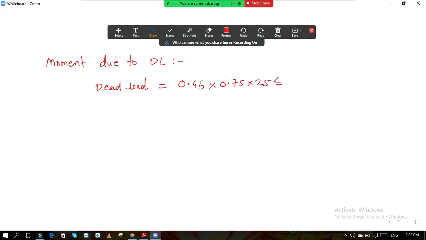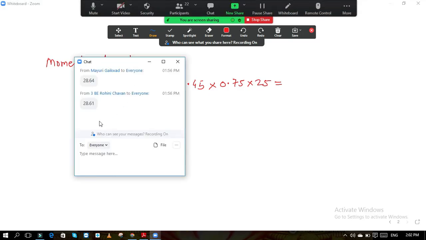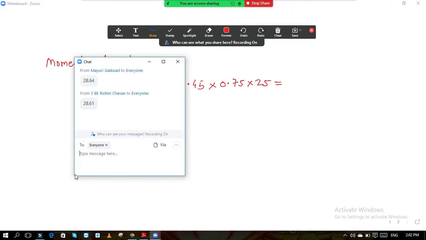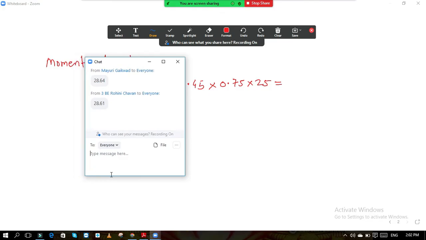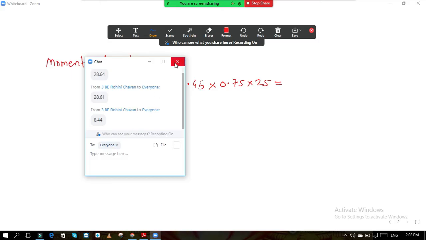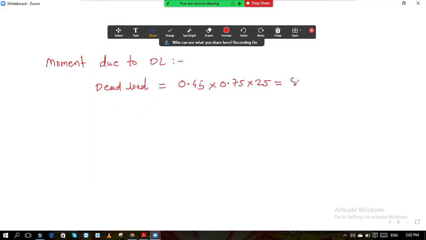What is the answer? 8.44 kilonewton per meter.